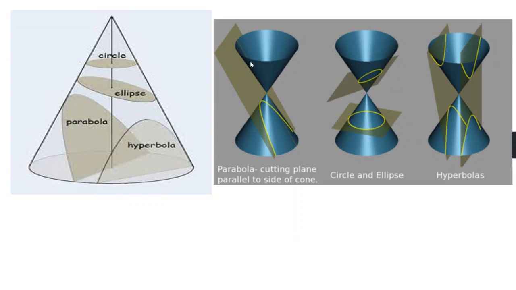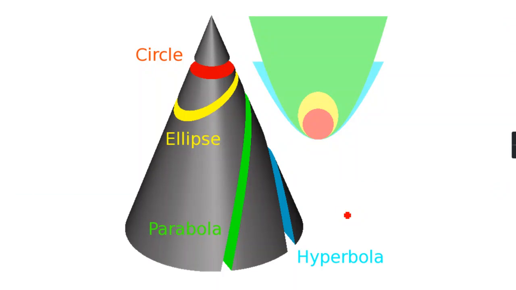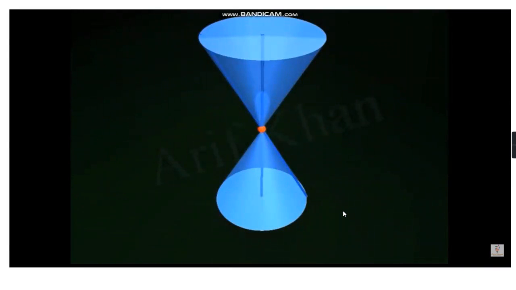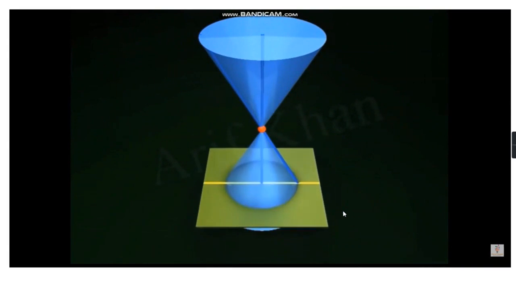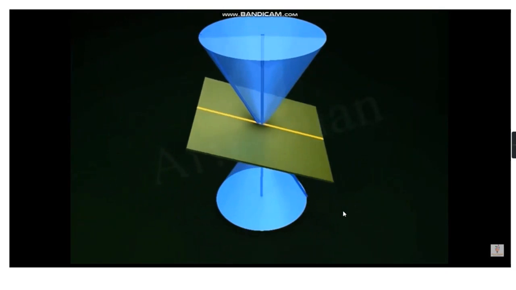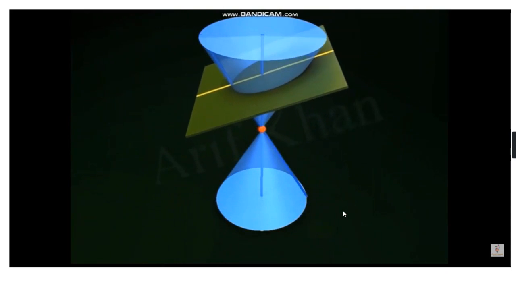So here are some other pictures of the parabola, hyperbola, ellipse and circles. In this video you will understand how we get the parabola, hyperbola, and ellipse.